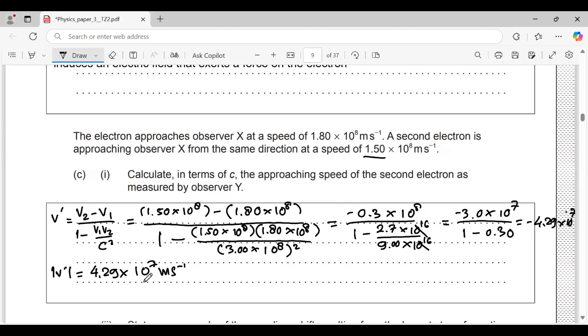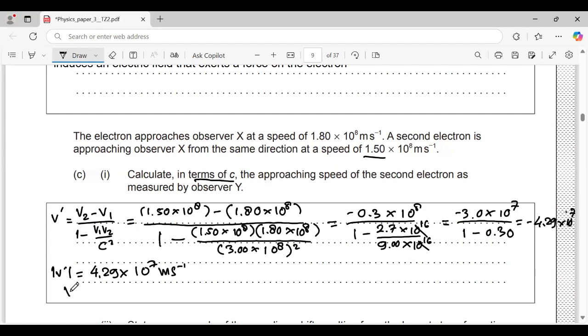Now, we are going to express this result in terms of C. In terms of C, it means divided by the speed of light.